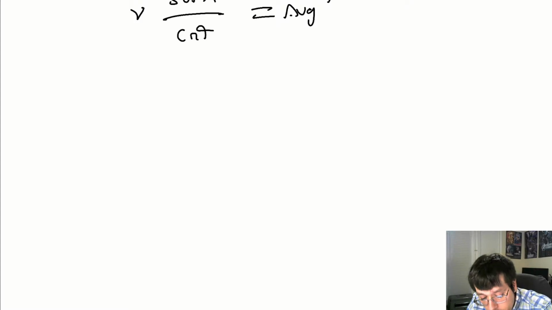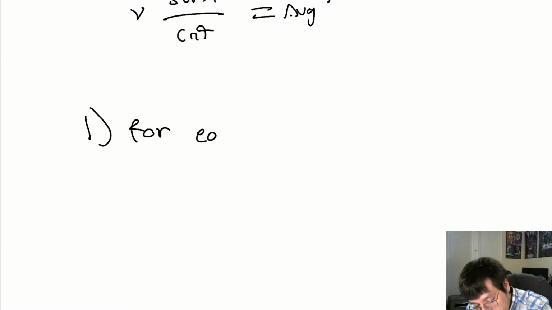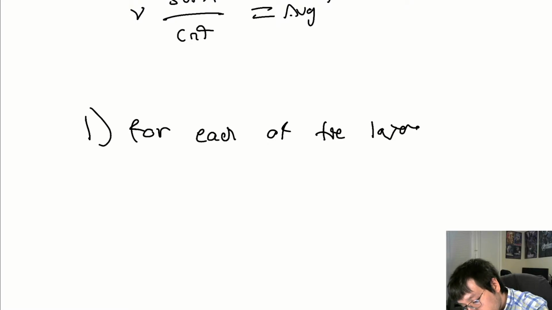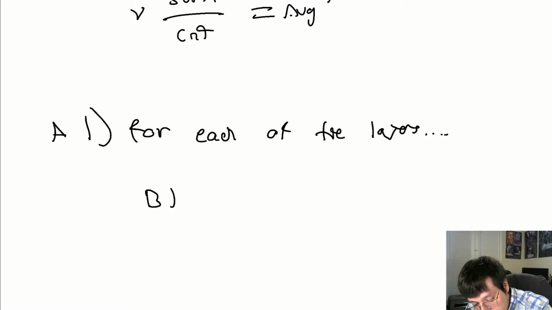Okay? So in our case, what we want to do is say, for each of the layers, and then inside of that, you can consider this to be like step A1, and then we have step B1, which is going to happen for each of these.